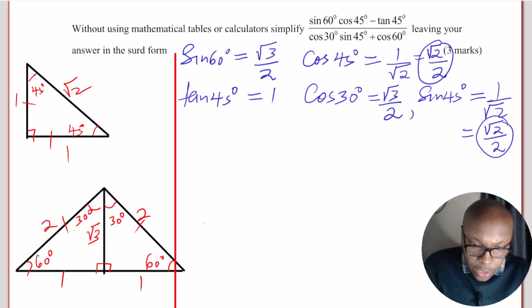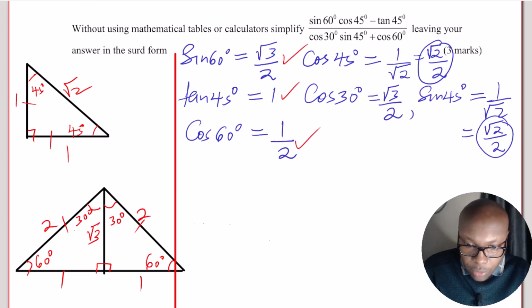Then the last one is cosine of 60 degrees. Use the second triangle, use any of these angles. Cosine is given by the adjacent side, which is 1, then the hypotenuse is 2. So now we have all these that we need. We can use them now.